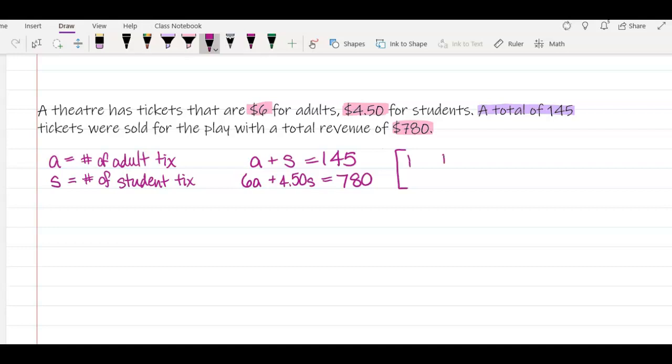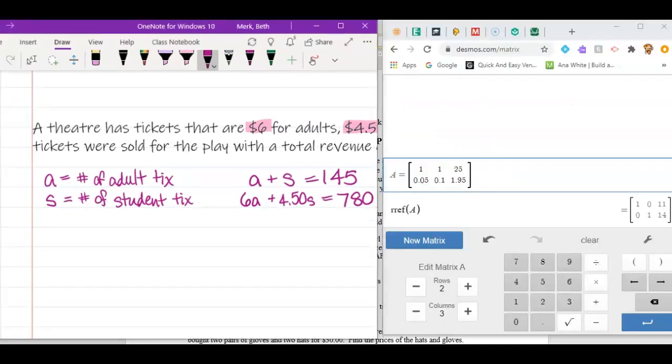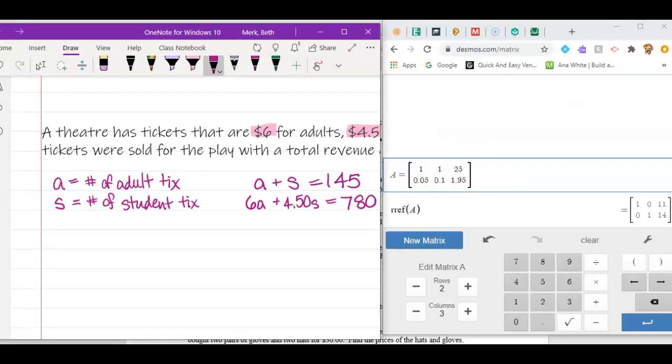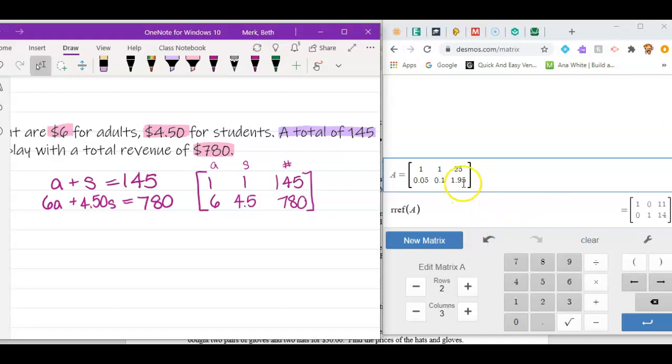Turning this into a matrix: 1, 1, 145. Remember, we have the coefficients of the A's, the coefficients of the S's, and the constants. Then 6, 4.5, 780. Taking this into our matrix calculator, let's get an answer. 1, 1, 145, 6, 4.5, 780.